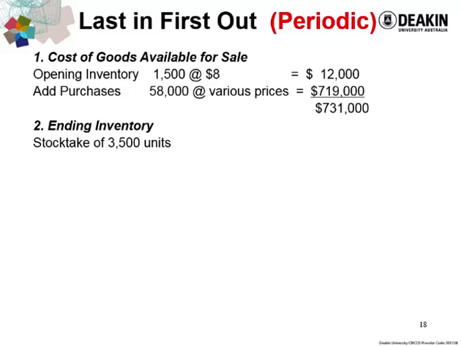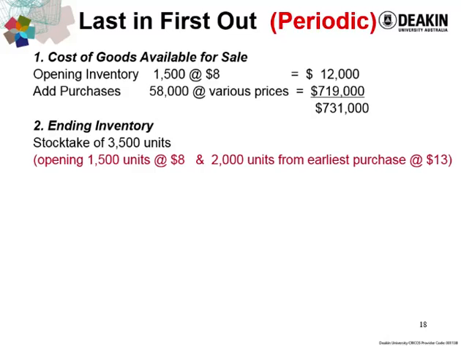Under the periodic method, the stock count gives us the closing inventory figure. So 3,500 units at the earliest purchase price. So this will be 1,500 units multiplied with $8 and 2,000 units multiplied with $13. That will give us 38K.